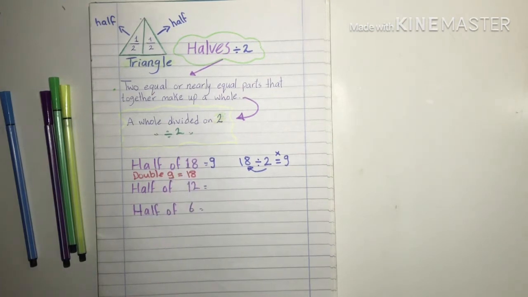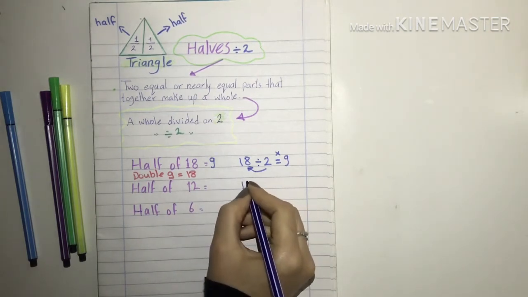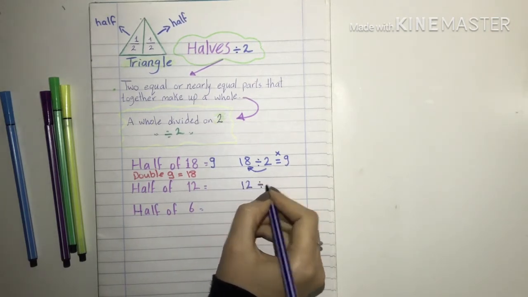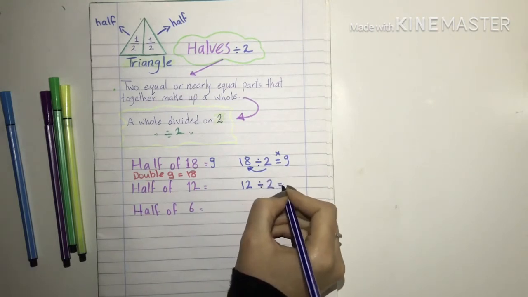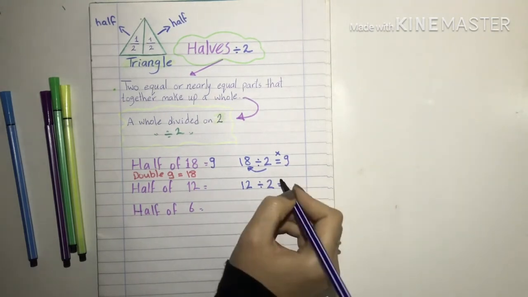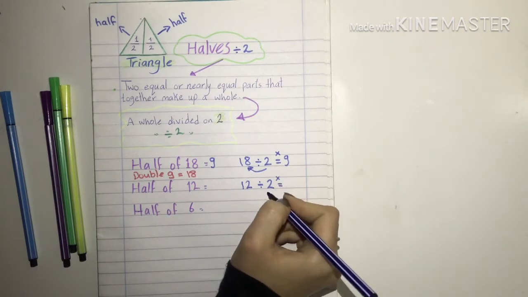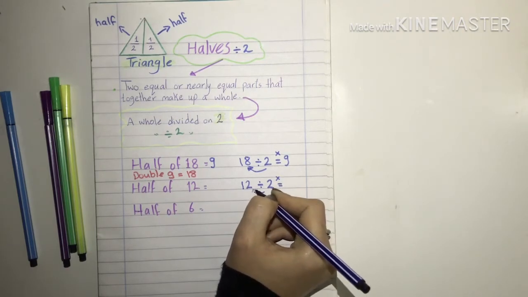The second example, half of 12, means 12 divided by 2. What is the number that I multiply by 2 that gives the answer 12?